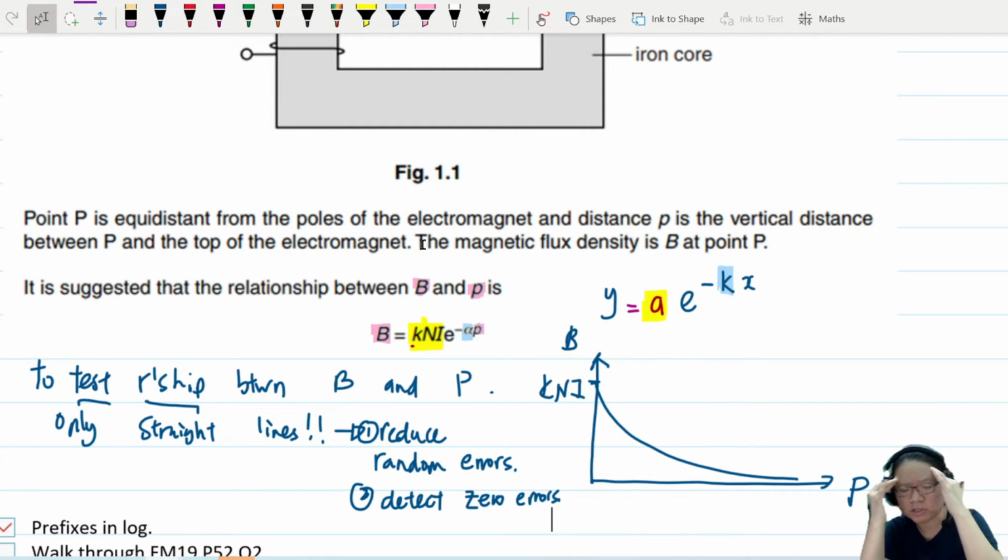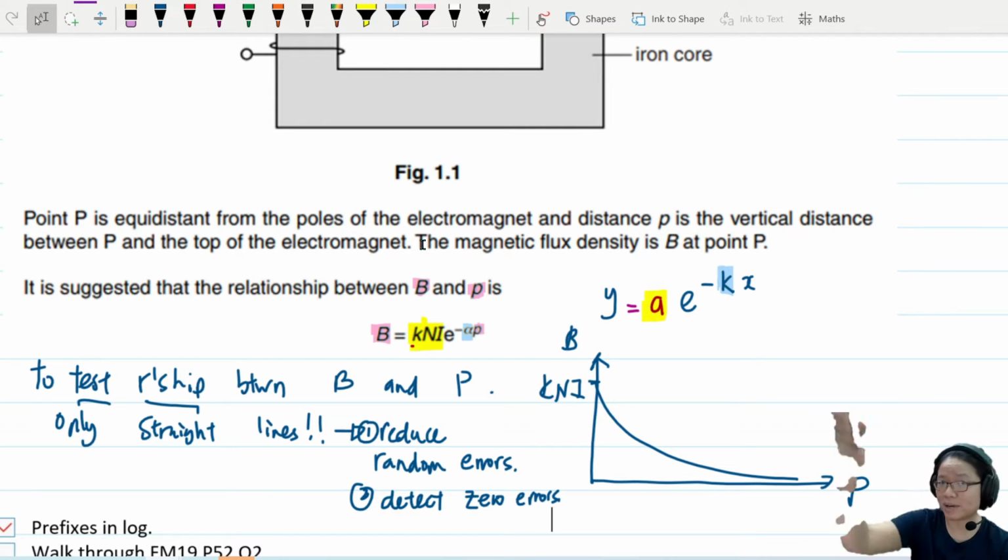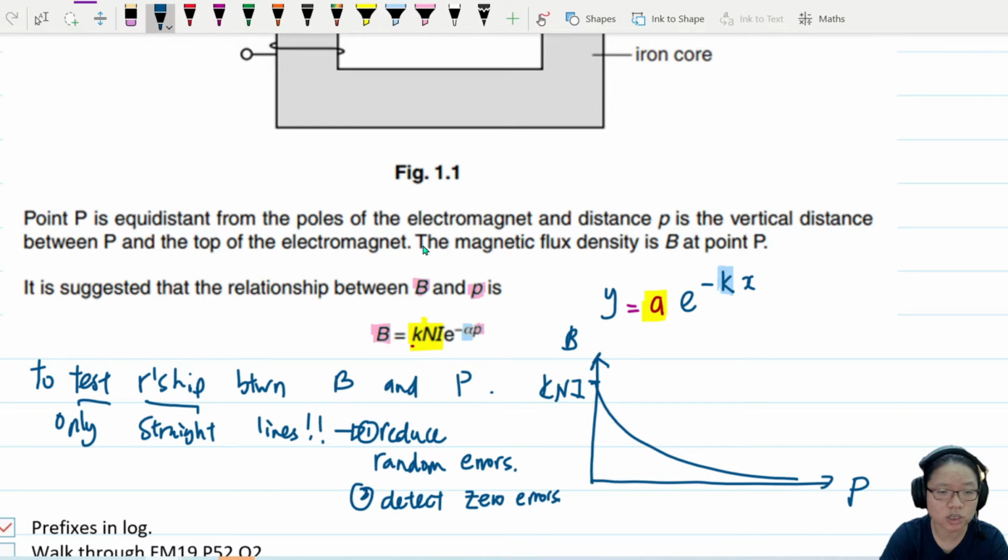We prefer straight lines because we can draw a best fit line that helps us reduce random error. We can also detect zero error by checking the y-intercept. So this is why we linearize.